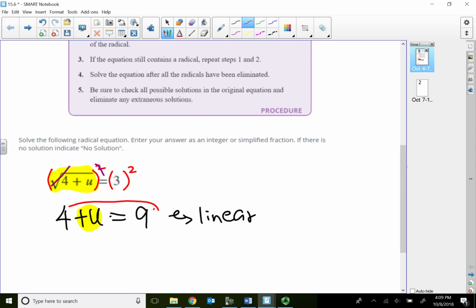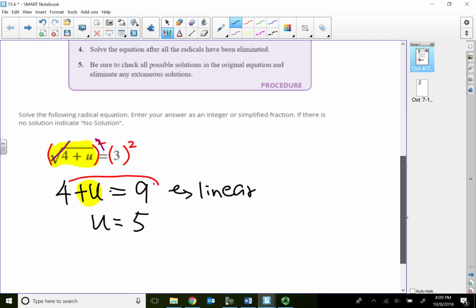So my answer, sorry about that, u equals 5. If I plug 5 back into my original equation, 4 plus 5 is 9. The square root of 9 is my original 3. So this answer is correct.